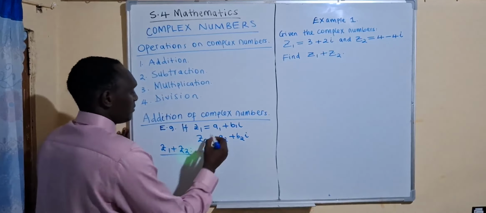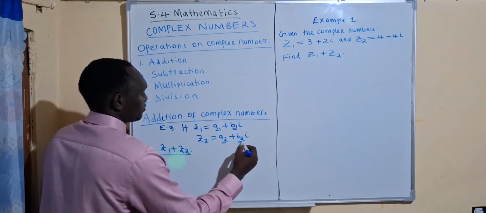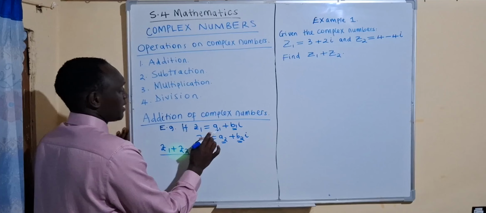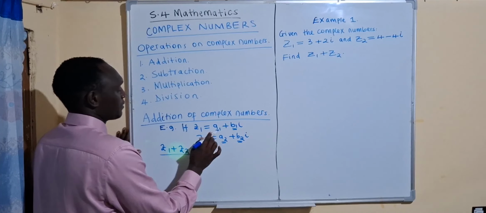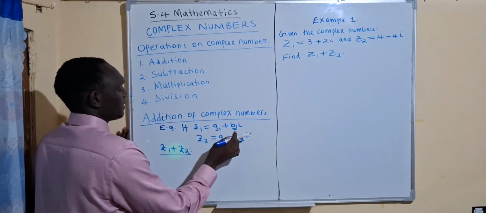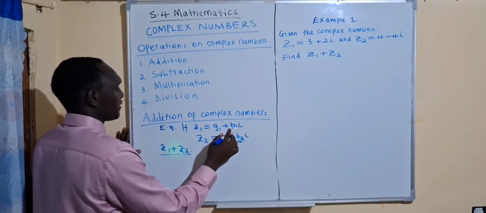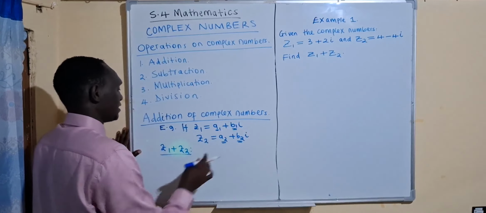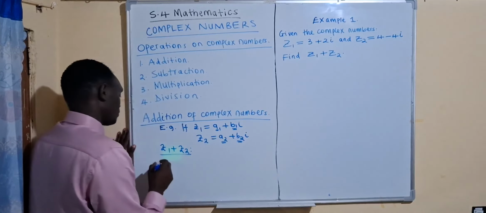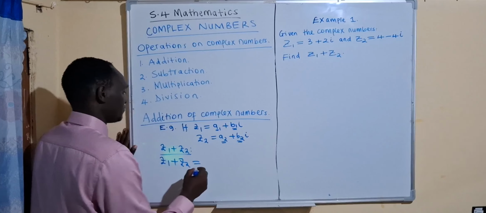Me saying A1 and B1, A2 and B2 just denotes that A1 is the real part of complex number Z1. B1 is a real number, but it is the coefficient of i in the imaginary part, as well as A2 and B2. So if we are to add Z1 plus Z2, simply we need to substitute for the values.